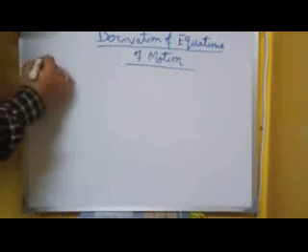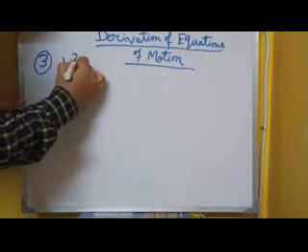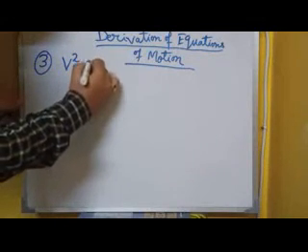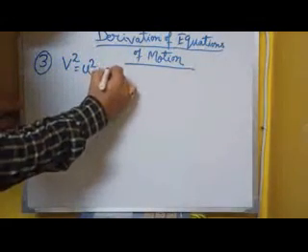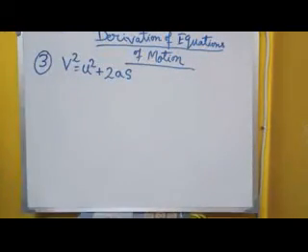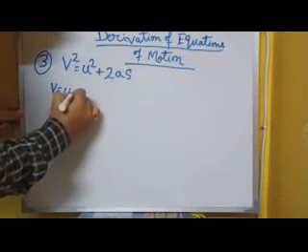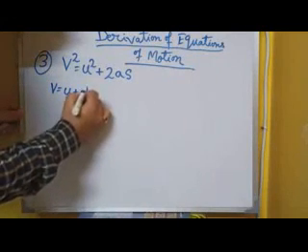Now, the third equation: V square is equal to U square plus 2as. We know V is equal to U plus AT.